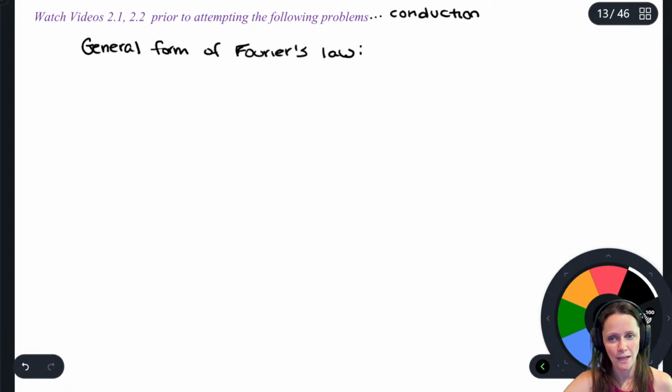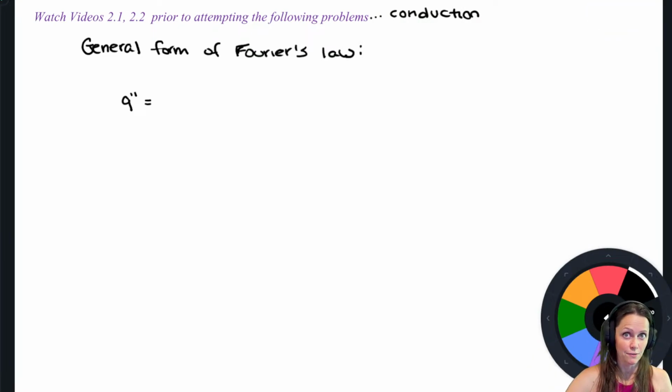All right. And I'm going to put it in terms of flux, so I just don't have to worry about the area. So yes, it's negative K dT dx if I've got one-dimensional heat transfer.